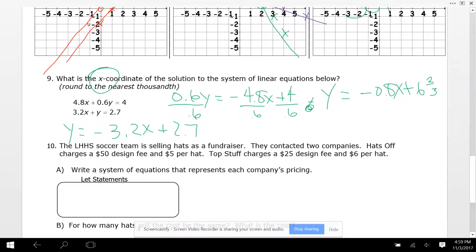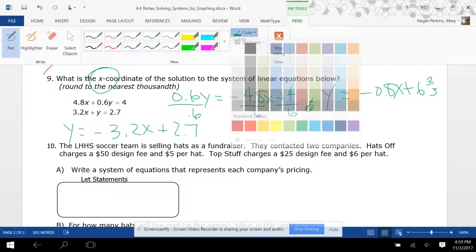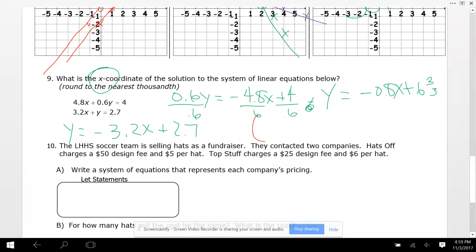So my solution is negative 1.652, comma, 7.989, rounded to the thousandths place. All right, last one.